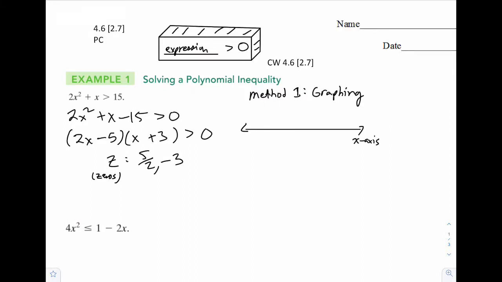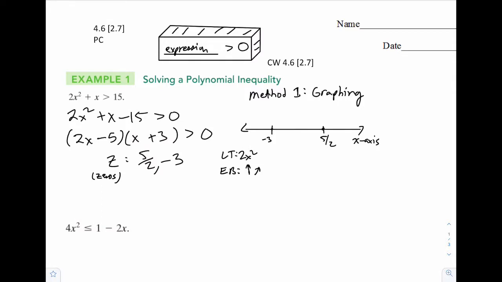I'm going to plot the zeros, so I have negative 3, and I have 5 over 2. And I'm going to use the fact that this is 2x squared, so the leading term is 2x squared, which means my end behavior is up and up. And I know that's a parabola, so I just sketch a parabola.